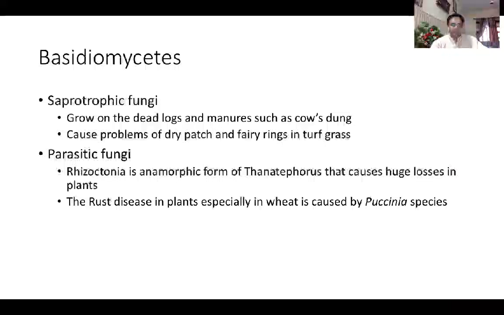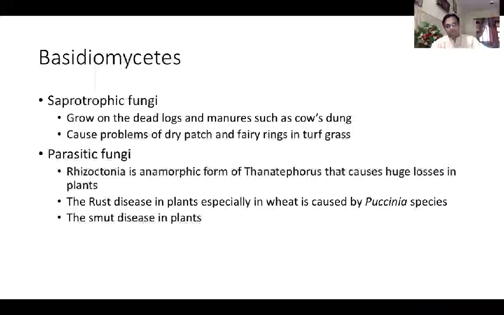Then another important group of pathogens like that are known as rust. Rust causes problems in diverse plants, especially in cereals. They cause important losses, and rust is caused by Puccinia species belonging to Basidiomycetes. Then another group of pathogens is called smut.